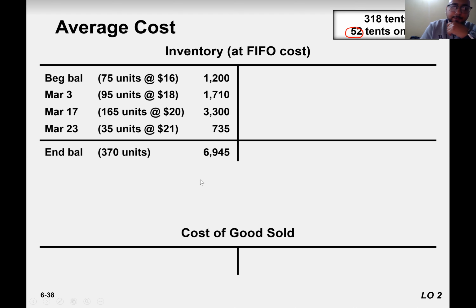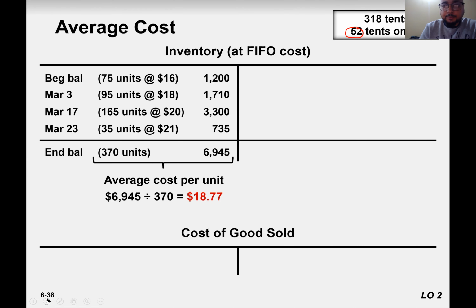So if we apply FIFO, first in, first out, what would be our average method? Sorry, not FIFO, this is average, my bad. On average, how can we find the average?